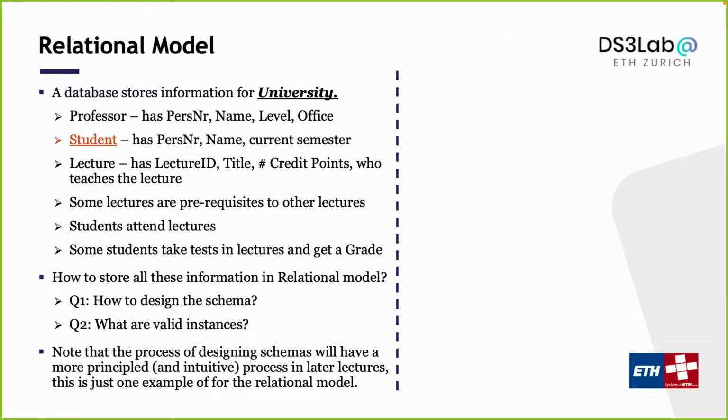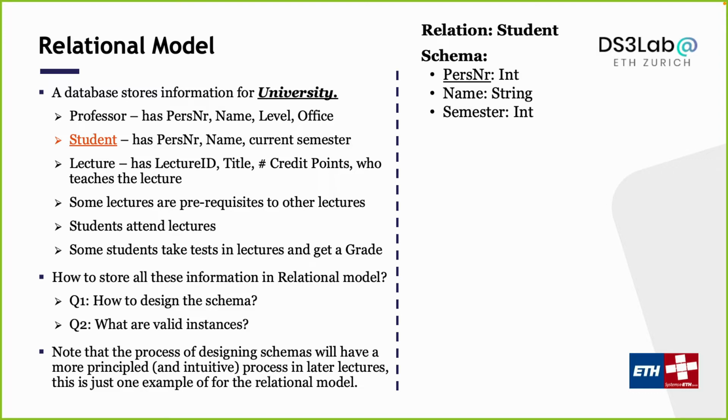And we can do this exercise for essentially other types of data, right? So how can we model the data for students? We could have a relation that stores information about students. The schema could be: we have personnel number, which is our primary key, we have the name, we have the current semester of the student, for example. And then you have a schema that looks like this.